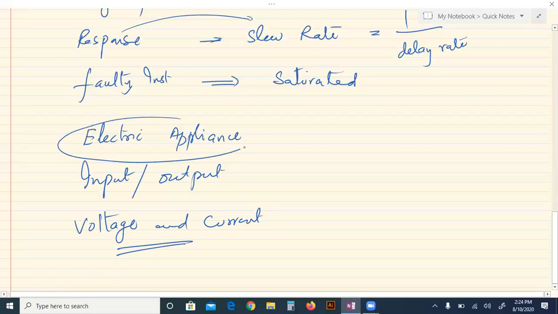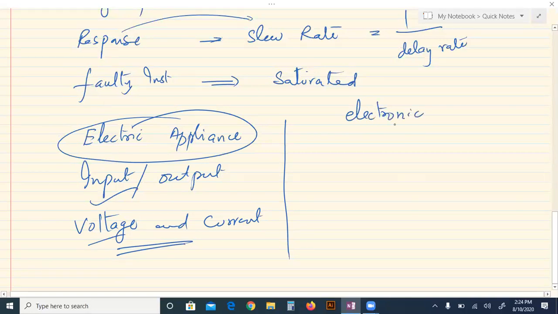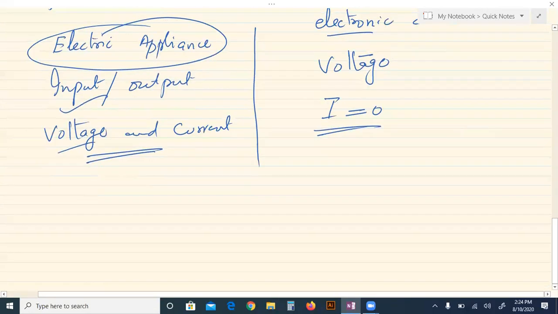All electrical appliances work on voltage and current, but electronic equipment, electronic devices, only work on the voltage. There is no current in electronics.